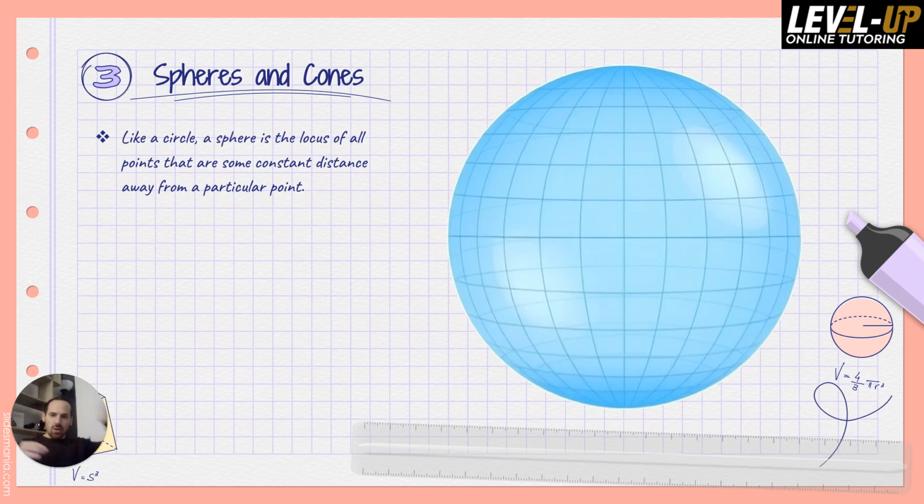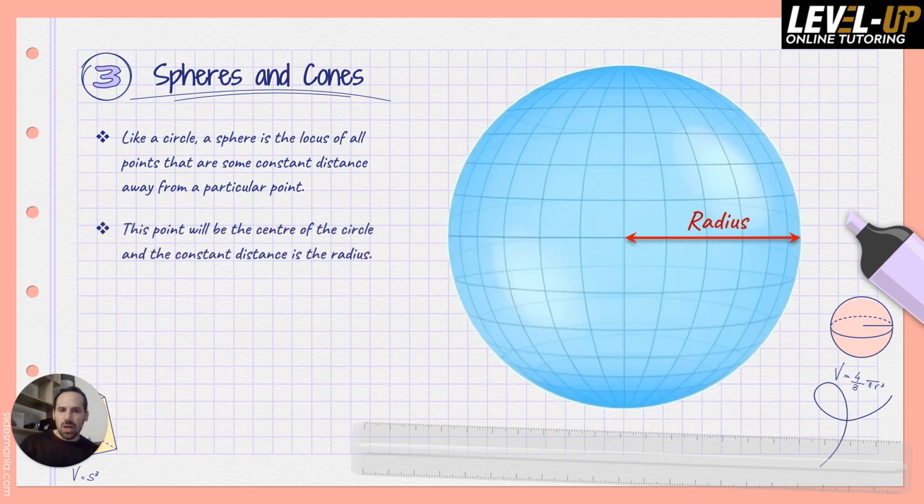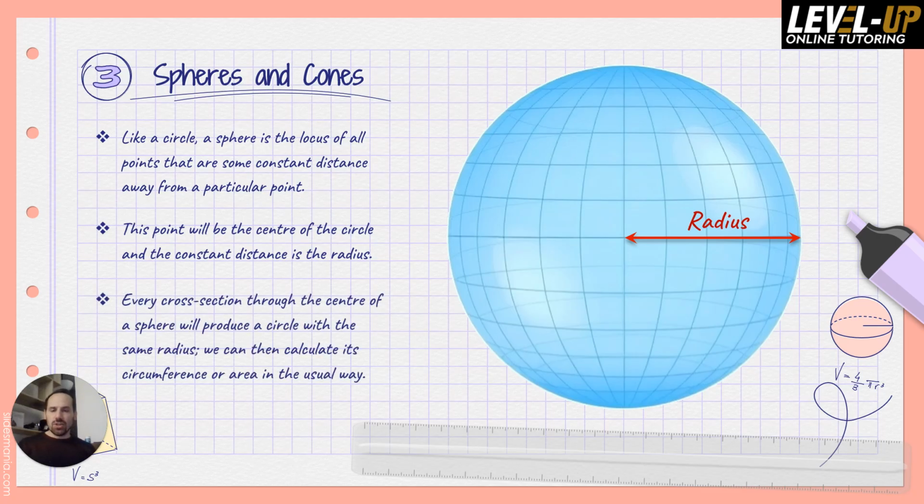So it's not just on a two-dimensional surface, but in three dimensions, going some distance in all directions, that creates a sphere. And it's going to have properties like a radius. If you cut the sphere at any point that goes through the center, it's going to produce a circle with the same radius. If you cut somewhere else, it would produce a circle with a different radius.